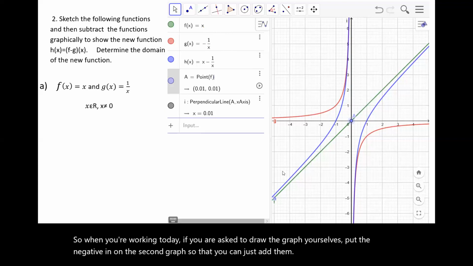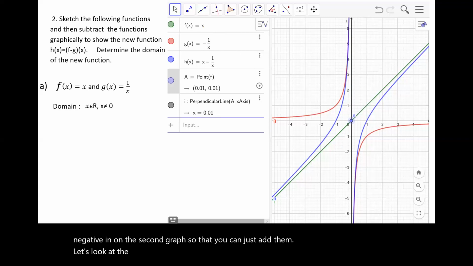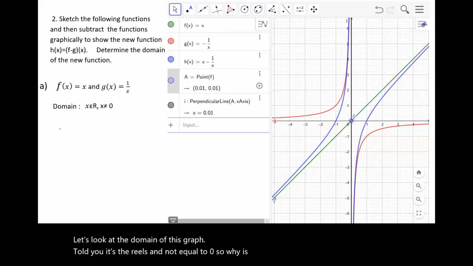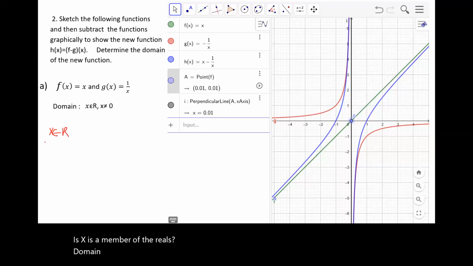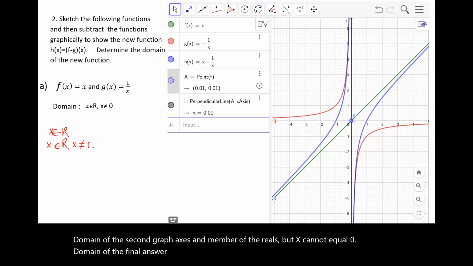Let's look at the domain of this graph. Told you it's the reals and not equal to 0. So why is that? Domain of the first graph is x is a member of the reals. Domain of the second graph, x is a member of the reals, but x cannot equal 0. Domain of the final answer, we have to exist on both graphs.